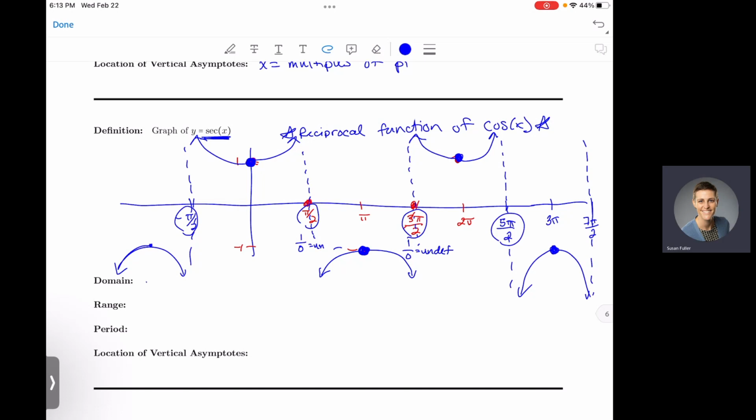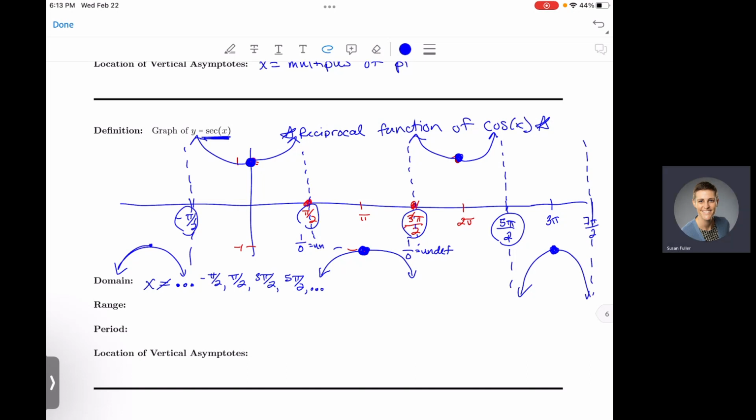So basically our domain is everything except, and I'm going to do a dot, dot, dot to say this is going to continue forever, but I'm going to establish a pattern so we can see that. So x can be anything except negative pi over 2, pi over 2, 3 pi over 2, 5 pi over 2, et cetera, in both directions.